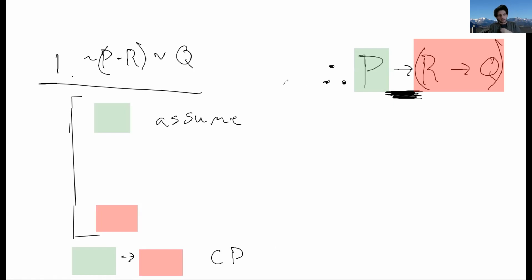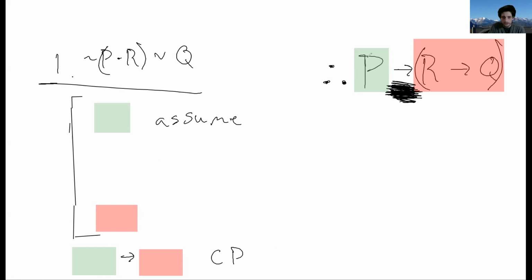I can't emphasize this enough, which is why I've been repeating it: as soon as you see that the main operator of the conclusion is a conditional, I haven't even looked at my premise. As soon as I see that, I draw that out. I'm not even really looking at what's on either side of the conditional. I just see that the main operator of the conclusion is a conditional, and I'm drawing this out.